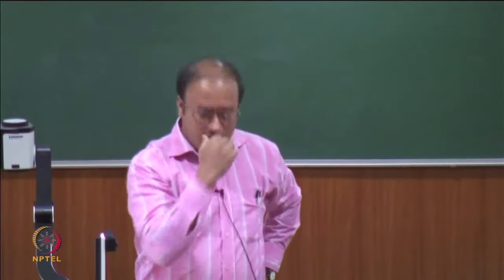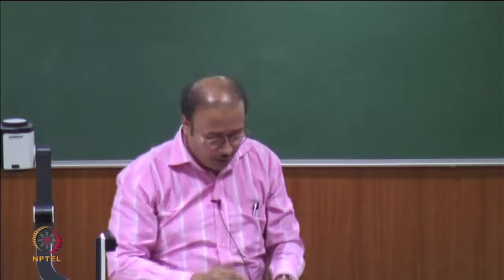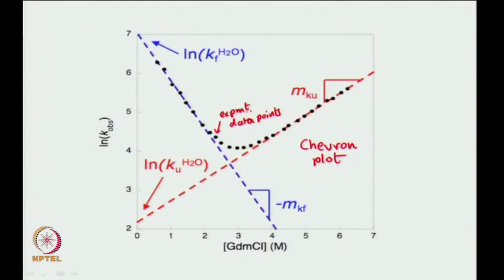Now, the point was that if you are at a high concentration of denaturant, then this arm is essentially your unfolding arm, isn't it? That means you would be looking at the protein unfolding, hence the rate constant of protein unfolding, that is Ku, right.